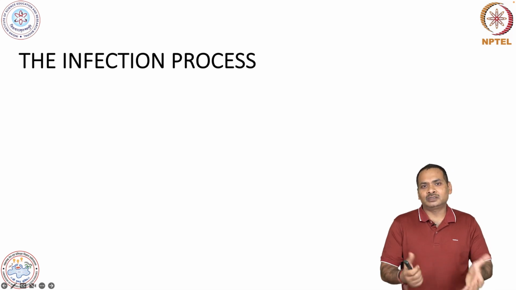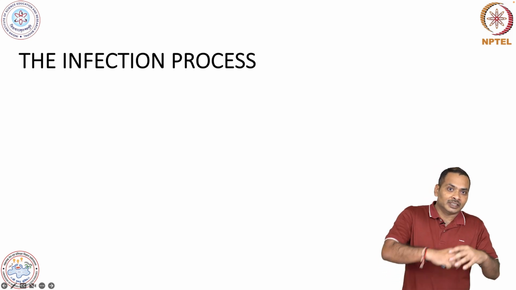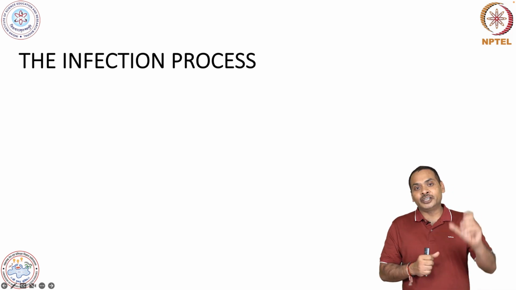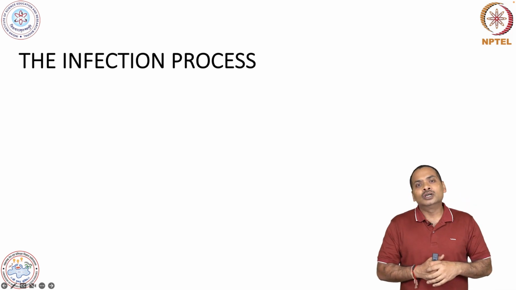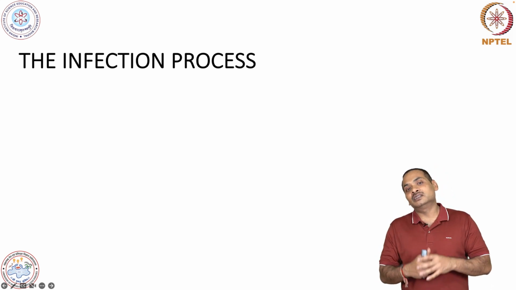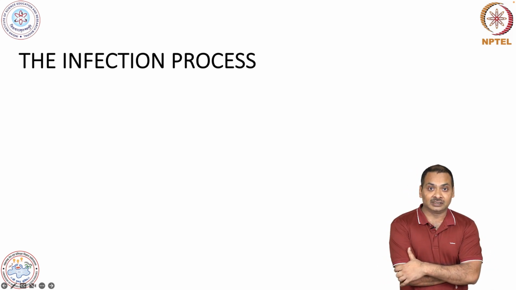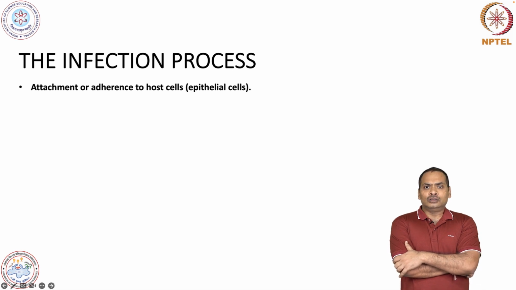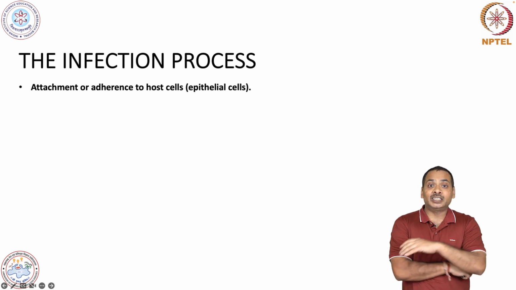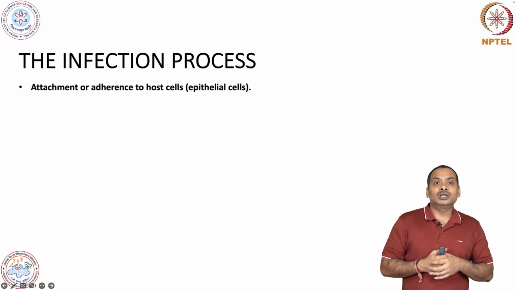Infection does not take place in a simple way, it is quite complex, and these bacterial pathogens have evolved in such a way that they hook up over the host cell, and then they make a microcolony, and then they expand, and then there will be bacteremia, and then that will result in the disease. So, the first step of infection is attachment to the target cell, or adherence to the host cell.